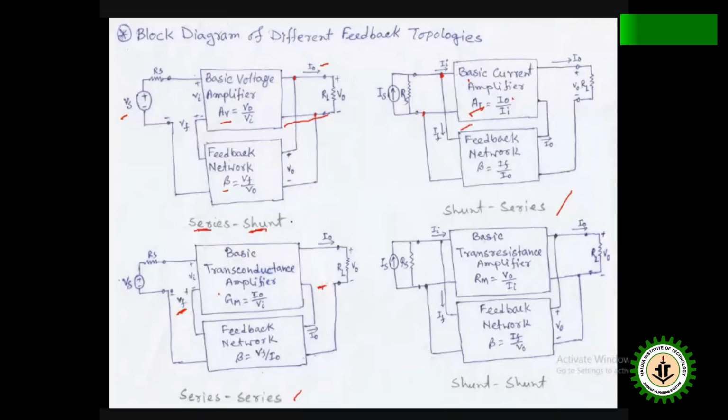In this case we apply basic transconductance amplifier, where the output is I naught and input is Vi. So we know Vi is equal to Vs minus Vf, output is Vf. So beta is equal to Vf by I naught.